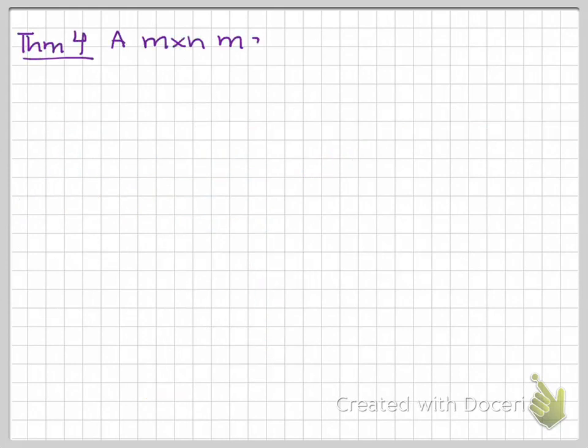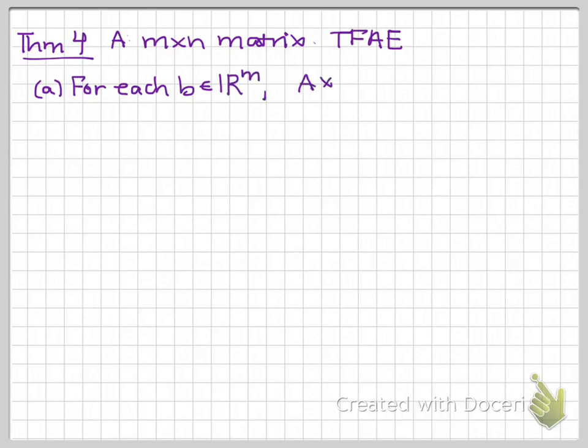Alright, so theorem 4 is the big theorem in this section. So let's suppose that A is an m by n matrix, then the following are equivalent. Part A, for each B in Rm, AX equal to B has a solution.